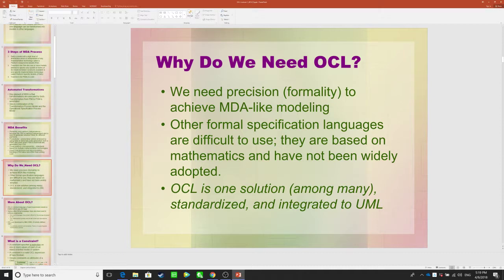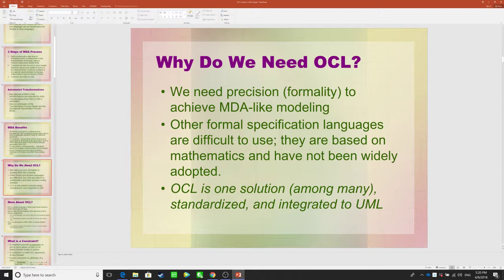It's easier than whatever we have learned in that mathematics stuff. And OCL is one solution, standardized and integrated into UML. That's why we can see it as an extension to UML, because it's already fully integrated into UML.